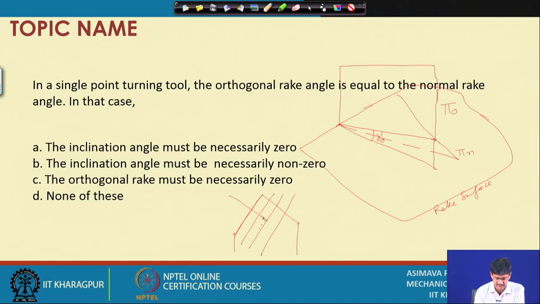This is the reference plane. In this particular view, this is the orthogonal plane. In this view, the normal plane won't be visible.